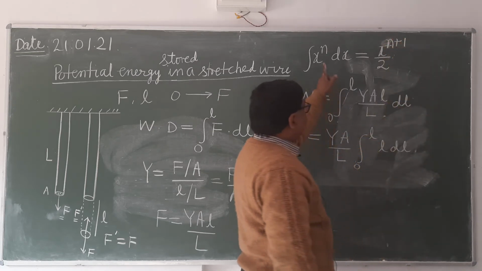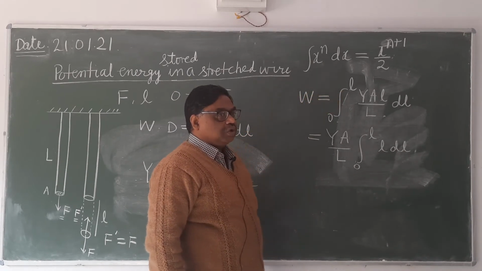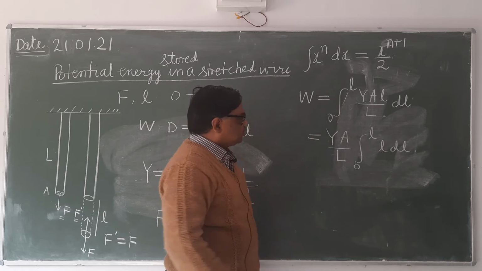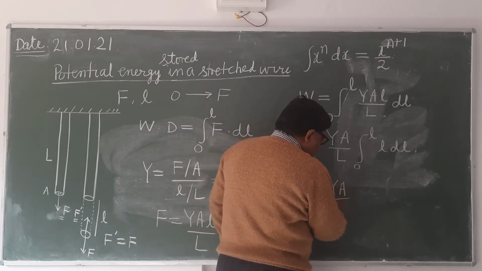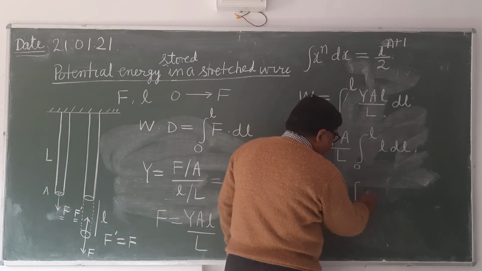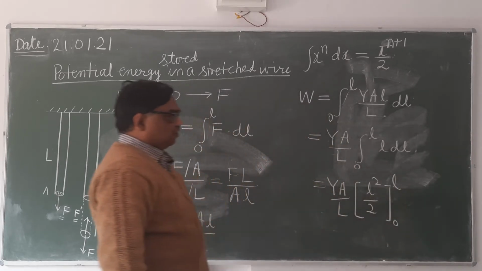So when you take n equals 1, integral x dx equals x square upon 2. So integral l dl will be l square upon 2. So you sit down, Y A upon L, and it is l square upon 2. Limit is from where to where? 0 to small l.